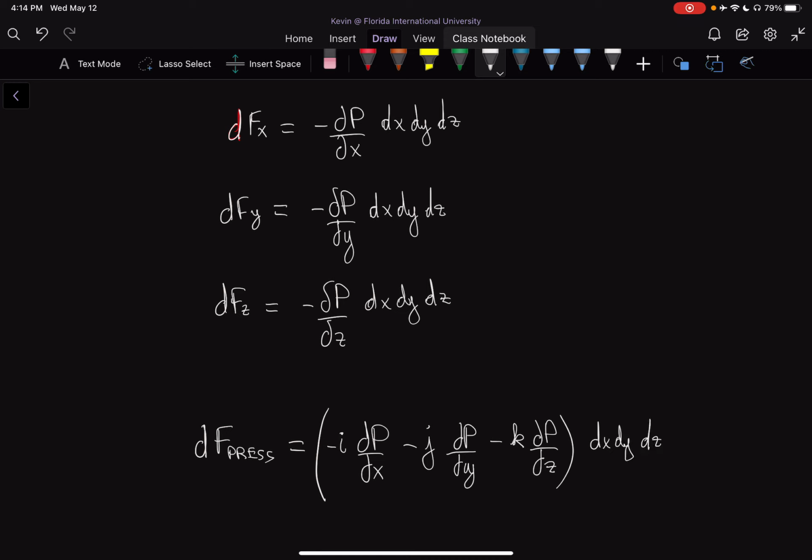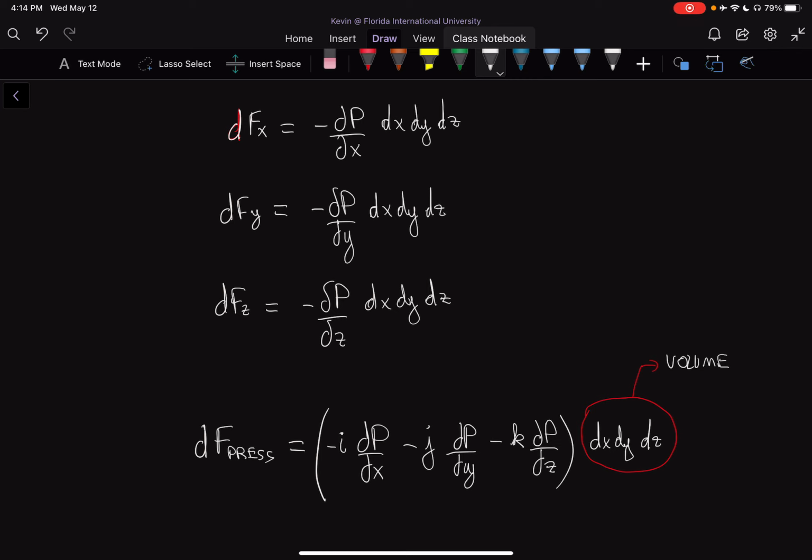Now, what can we recognize out of this? There's two things we can recognize out of this. One thing is that this term right here is the volume. So this term is the volume of our differential box.